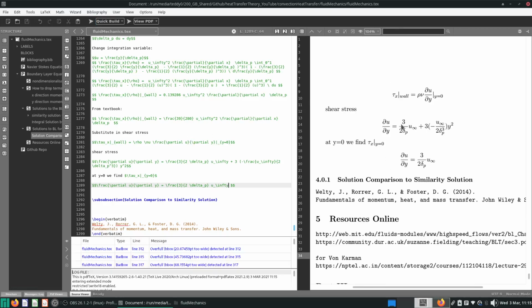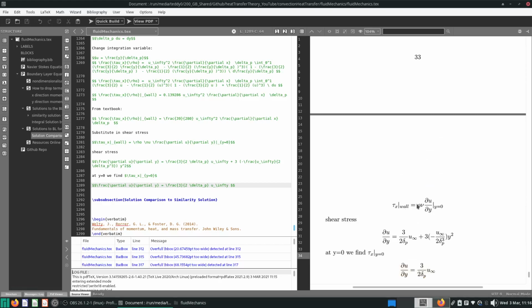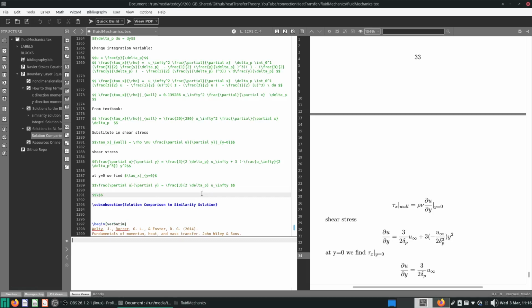Remember what we want to find here is tau wall over rho. Tau x wall over rho equals nu times del u del y at y equals 0, equals nu times whatever this is over here.